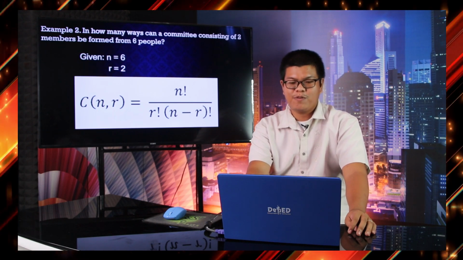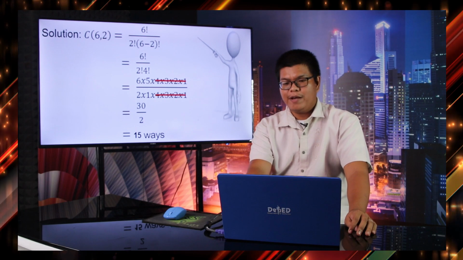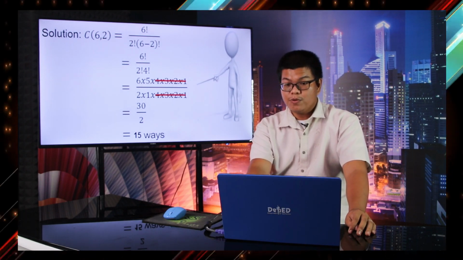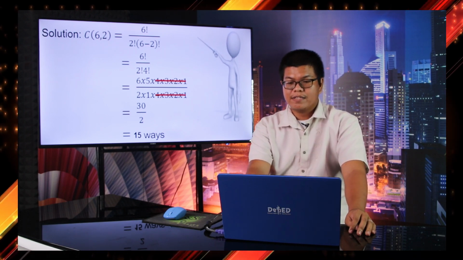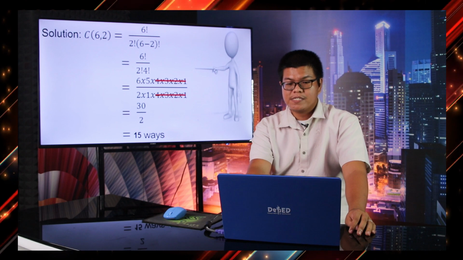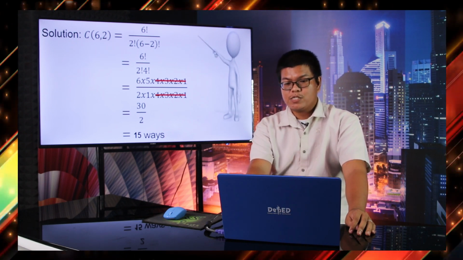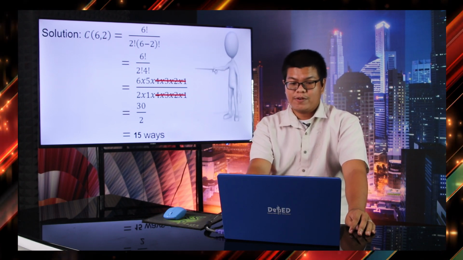Then substitute to the formula. So we have the combination of 6 taken 2 is equal to 6 factorial over 2 factorial times the quantity of 6 minus 2 factorial, equals 6 factorial over 2 factorial times 4 factorial.